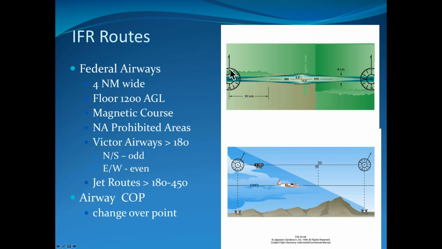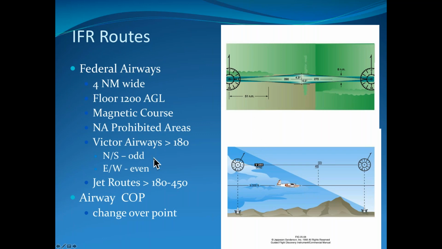You can see this compass rose right here. Everything from 360 or 0 degrees down to 179, north to the east, will be odd. Sorry, NEOD. Then 180 back to 359, almost due north, will be even altitudes that we fly.